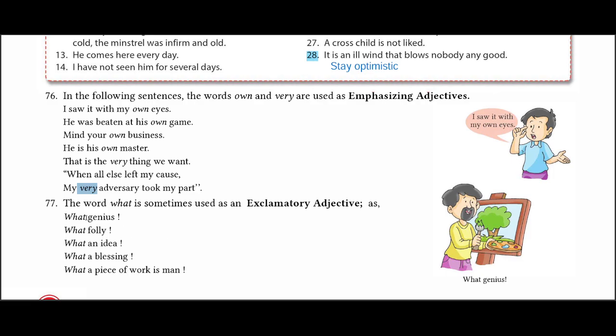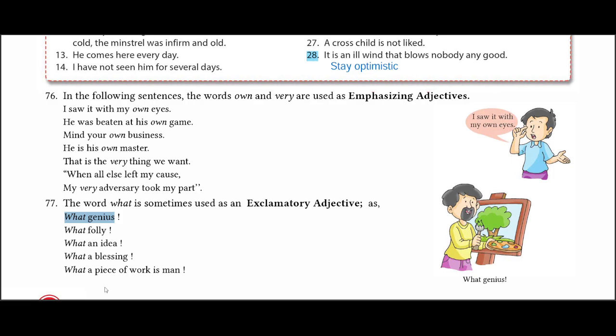Now, look at these statements. What genius! Genius is a noun. And what is an adjective. But what is its function here in this statement? It does not tell the quantity or the quality or the number of the noun genius. And what genius is not a question either. It's not being used to ask a question.